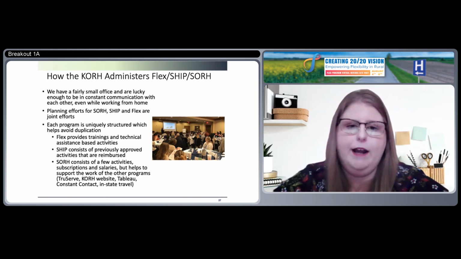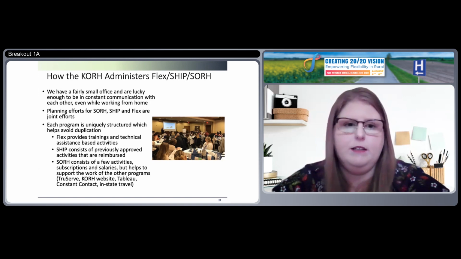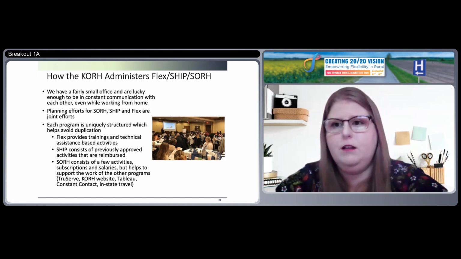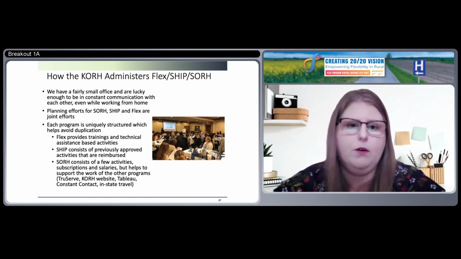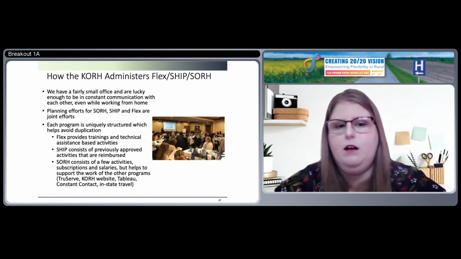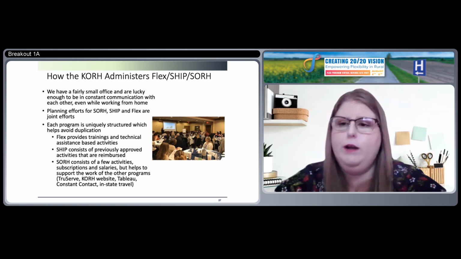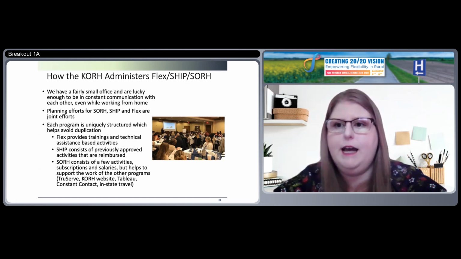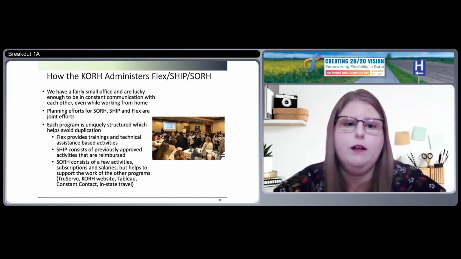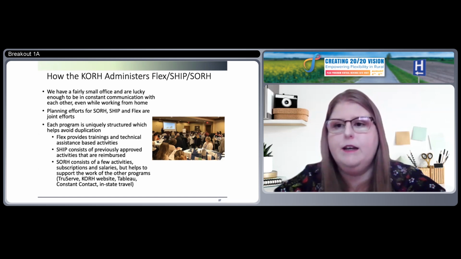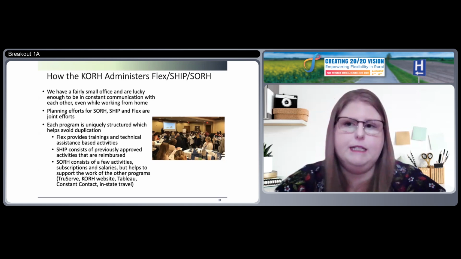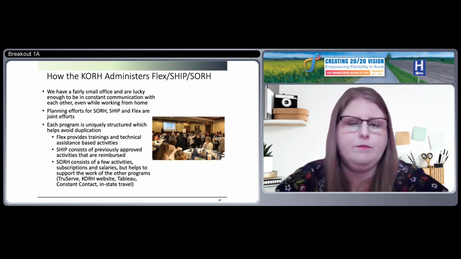And then SOAR has, of course, activities in the SOAR grant too, but it also covers a lot of our subscriptions, a lot of salaries to help support the other programs. And it also covers costs like our TrueServe, website, Tableau, Constant Contact, and a lot of the in-state travel. So the SOAR grant, like others have said, really helps support all the programs under our umbrella. Next slide.